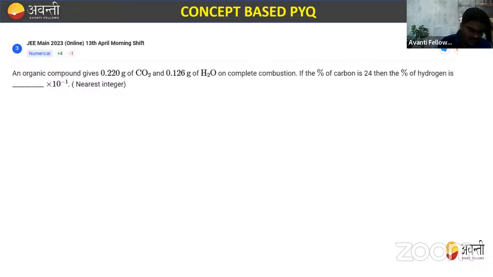Okay, chalo. So we know that to find the percentage of hydrogen in the compound, we first need to determine the ratio of the moles of carbon and hydrogen in the product. So basically the moles of CO2 produced can be calculated by dividing the mass with the molecular mass. So moles of CO2 is equal to their mass, that is 0.220 gram divided by the molecular mass 44.